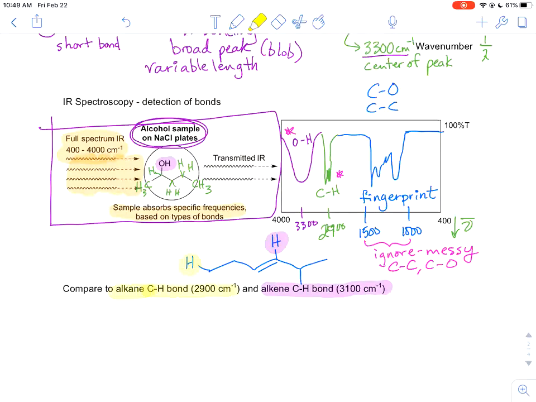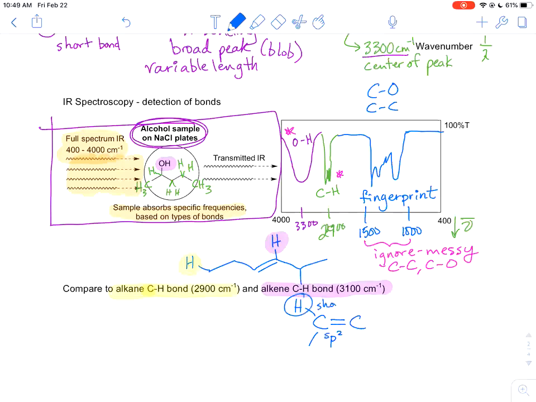So you'll notice that there's a big difference. We have a difference between the stretching frequencies of an alkene and an alkane, and that has to do with, in short, the hybridization. Because you have an sp2 hybridized carbon here, this hydrogen is held more tightly.